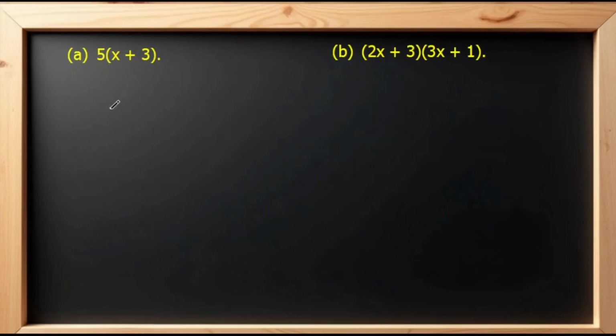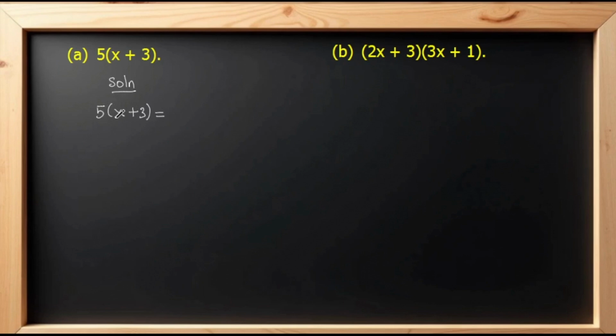Now for the first question, here we can have our solution written, where we'll copy the expression down here: 5(x + 3) equals. Now let's open up by multiplying this number by what is inside the bracket.